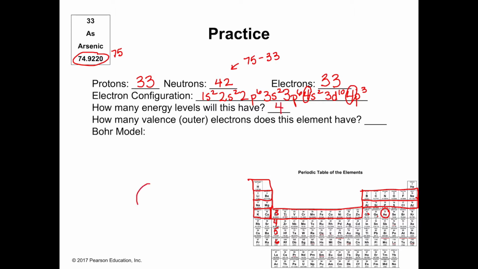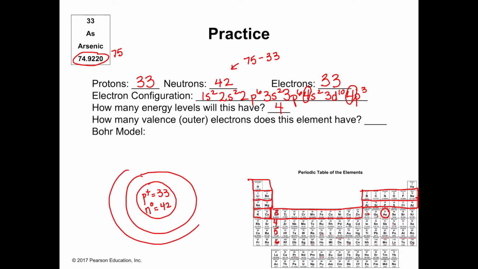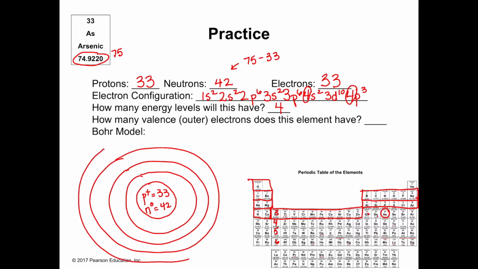Now we can go through and draw the Bohr model. So again, we're going to draw a circle for the nucleus. We'll write our number of protons and our number of neutrons. And then we're going to draw 4 energy levels. So now we have 2 electrons that are going on the first energy level.